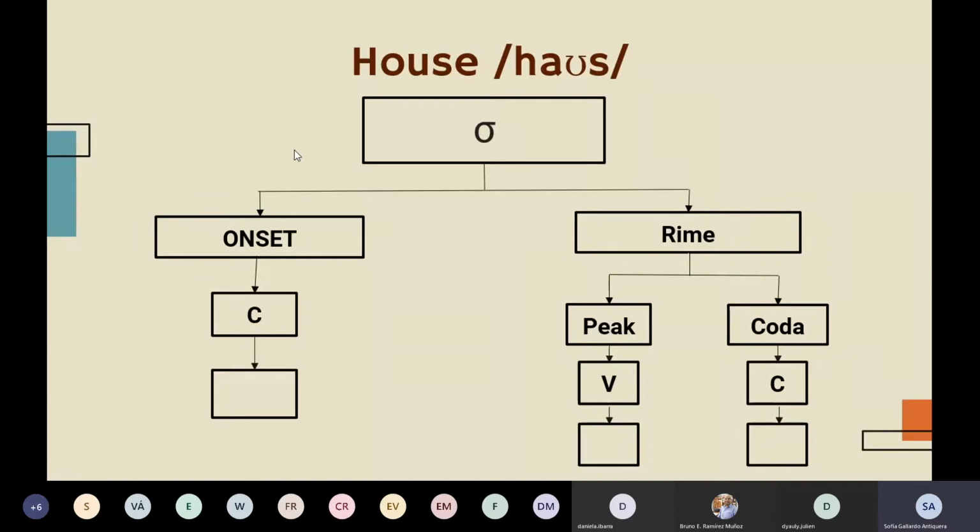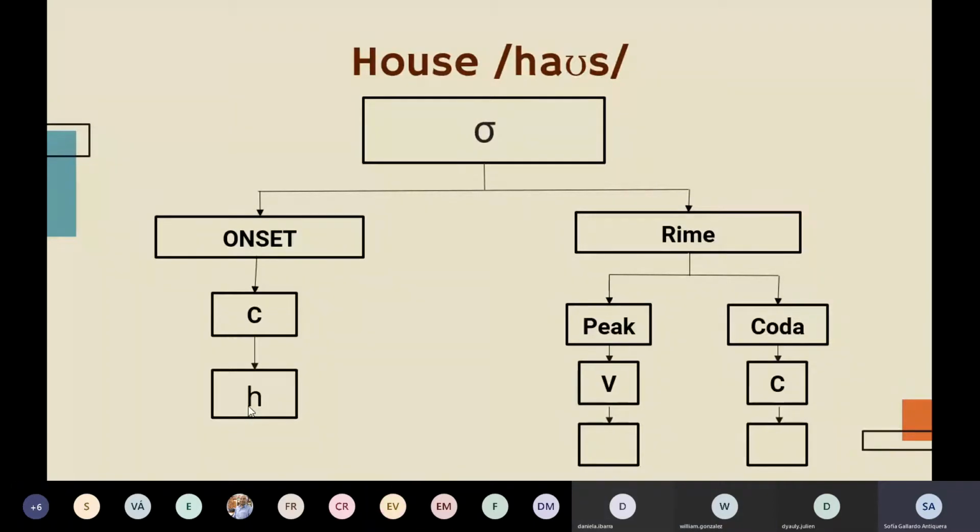Check the transcription that you can see on top. In house, the ha is the onset. Okay, so in house, the onset would be H, the first letter, which is the consonant.